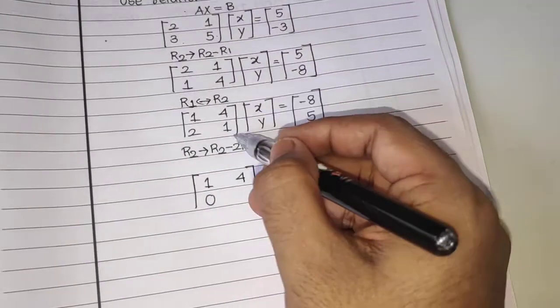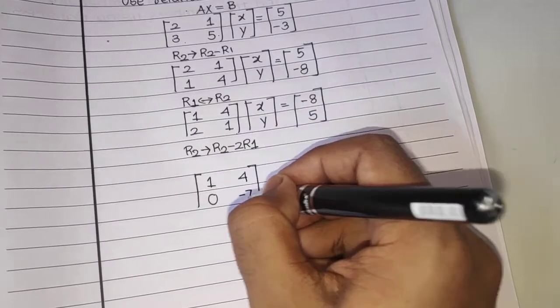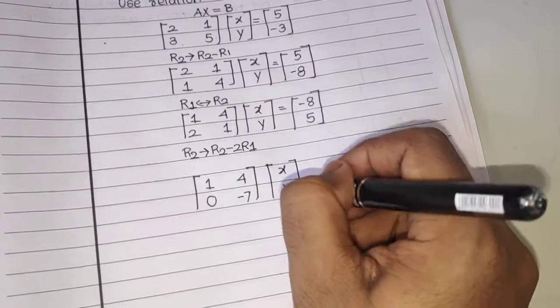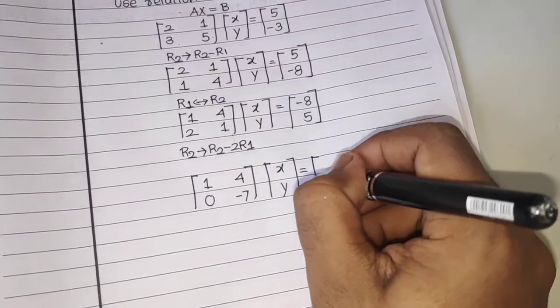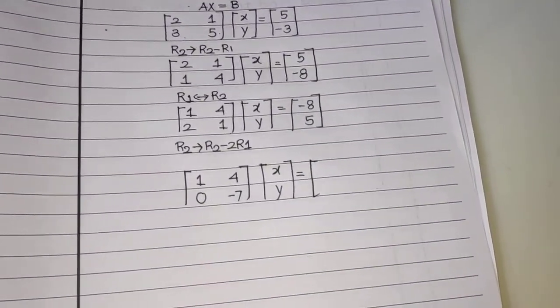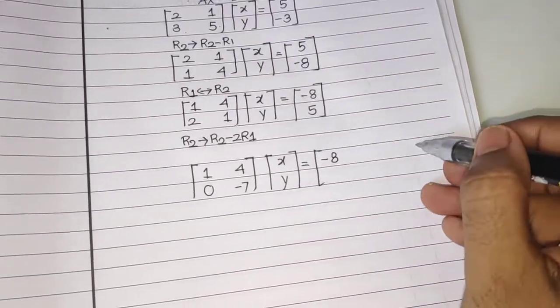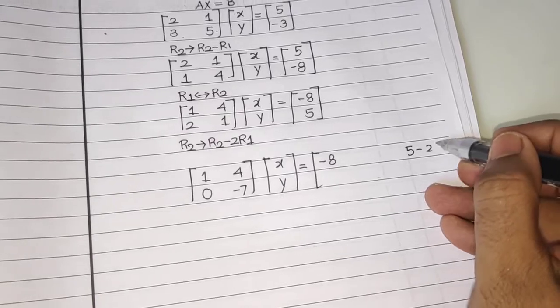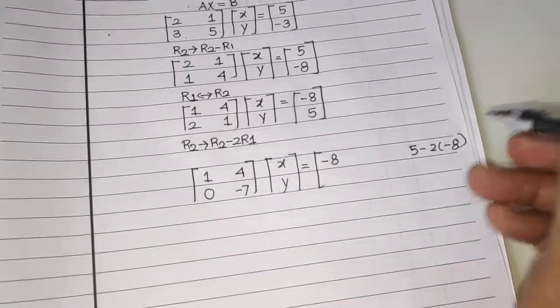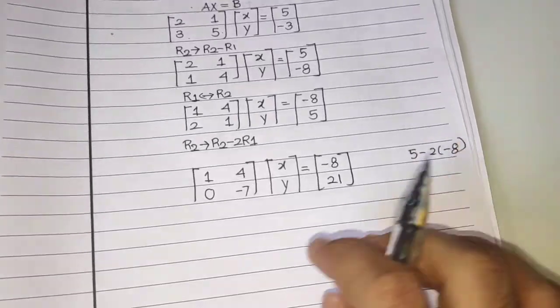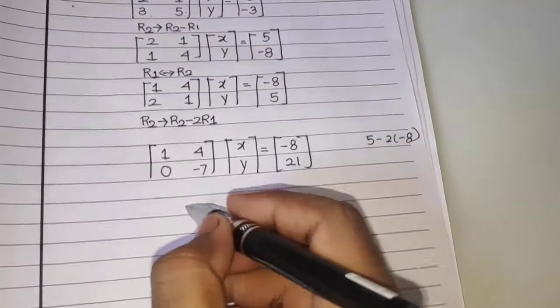For 1 minus 2 times 4, that is minus 7. Now for the right side, that will be 5 minus 2 times minus 8, so 5 plus 16 will be 21. And yes, it has converted to an upper triangular matrix.